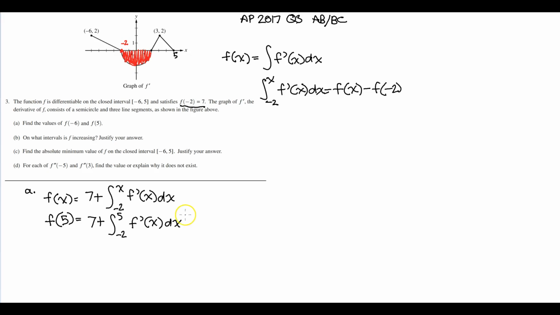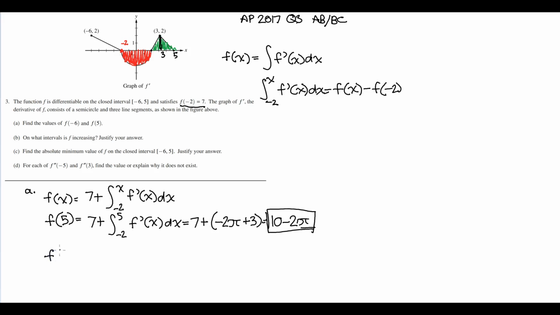So we'll have 7 plus -2 pi plus, well, this triangle is over the x-axis, so we get a positive area of the triangle, which is 1/2 times base, which is 3, times height, which is 2. So that's just plus 3. So we get f of 5 equals 10 minus 2 pi. That's f of 5.